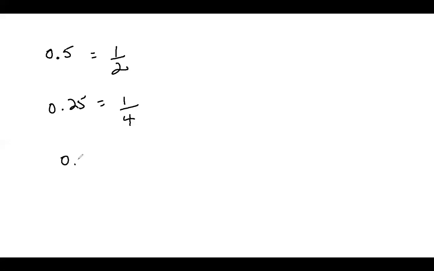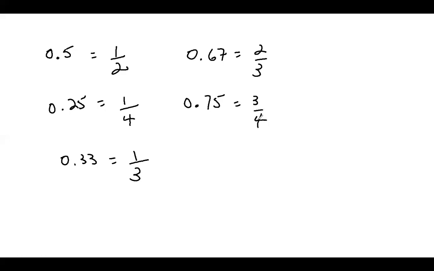And if you have 0.33, you can write that as a third. Of course, that's 0.333333, but close enough. 0.67, you can write as 2/3. 0.75, you can write as 3/4.